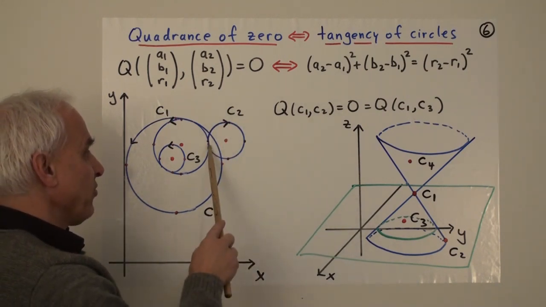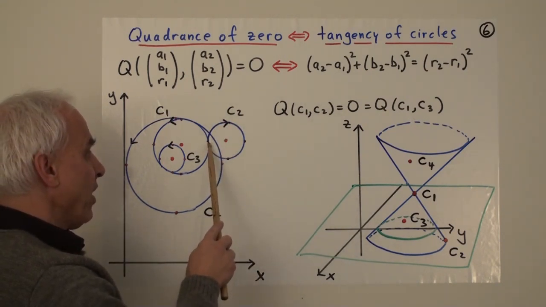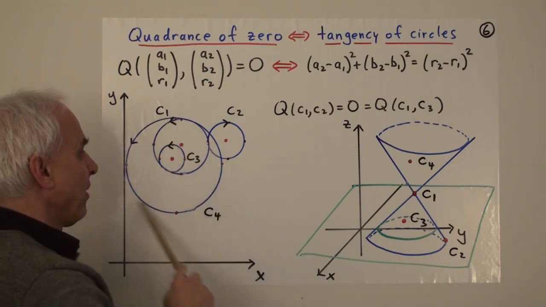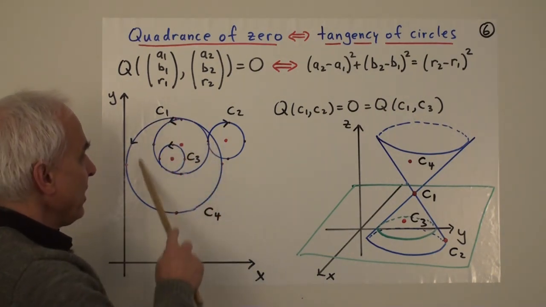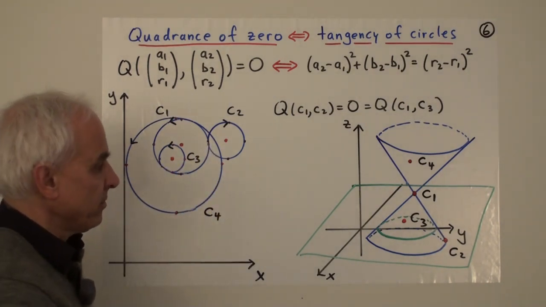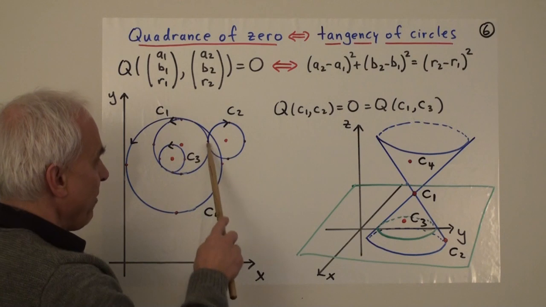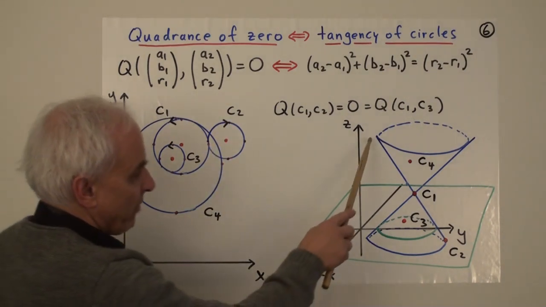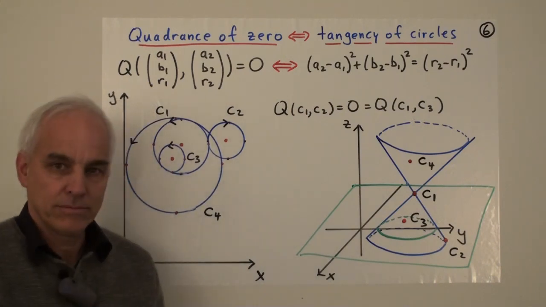So all these circles I'm drawing here, and even the ones that go like this, are all going to be tangent to C1 at this point here. So it's a one-parameter family of circles tangent to C1 represented by that line there.